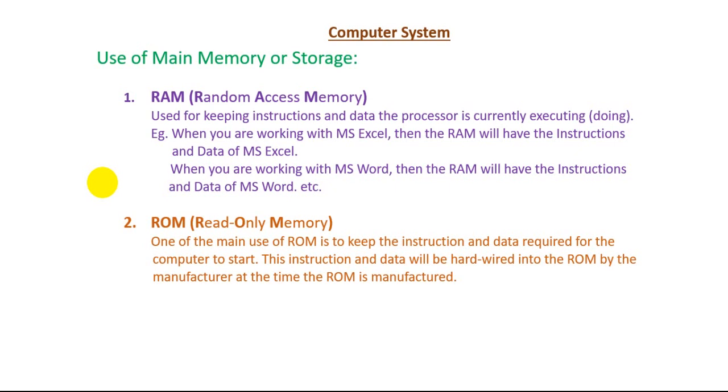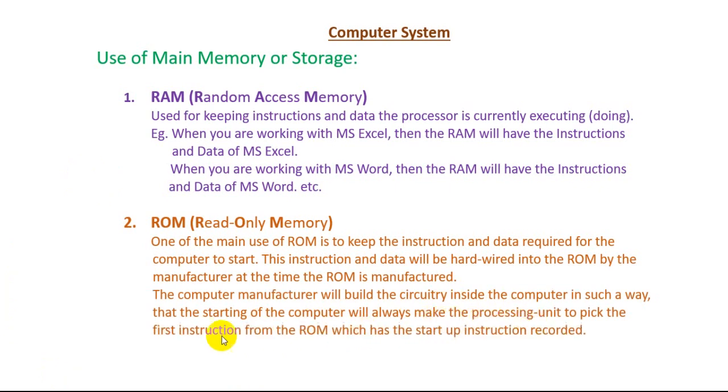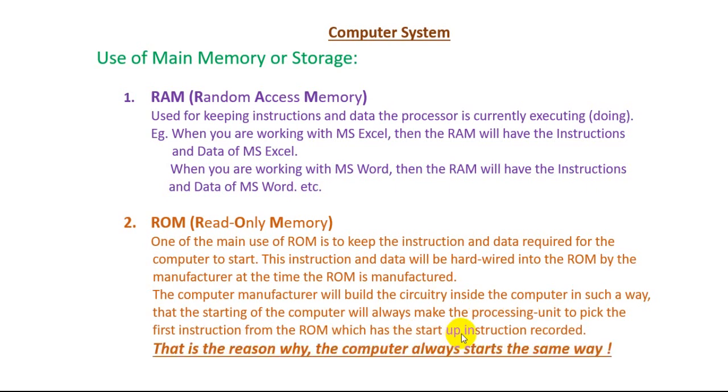So when the ROM is made, like I told you, you can't write anything afterwards. At the time of manufacturing the ROM, the people who are making it will put in the startup code necessary to do that. And once the ROM is done, it's also fixed into the computer. The computer manufacturer will build the circuitry inside the computer in such a way that the starting of the computer will always make the processing unit pick the first instructions from the ROM, which has the startup instructions.